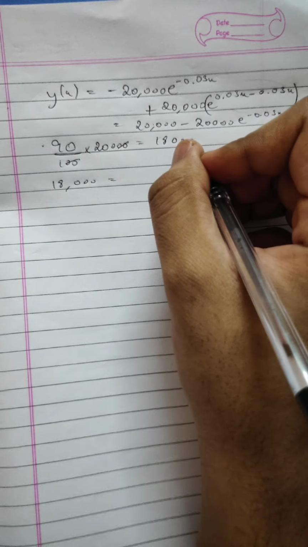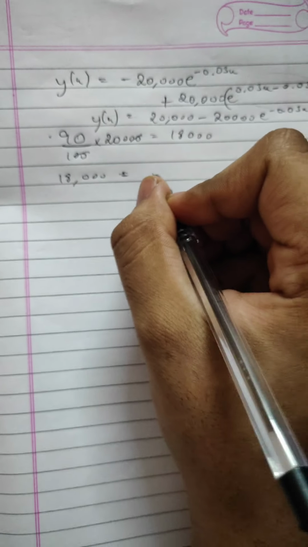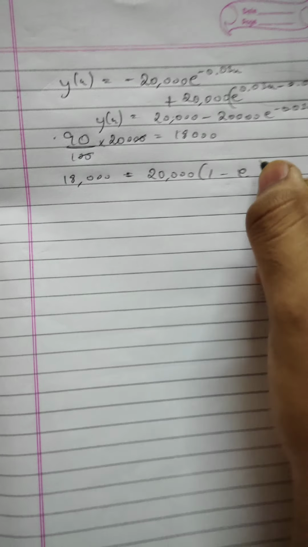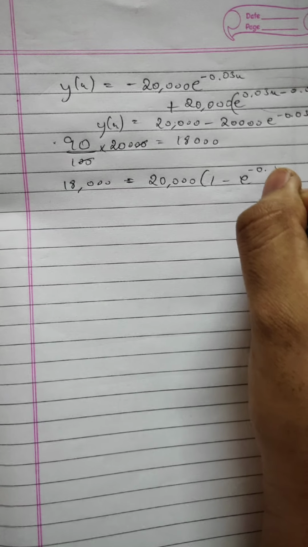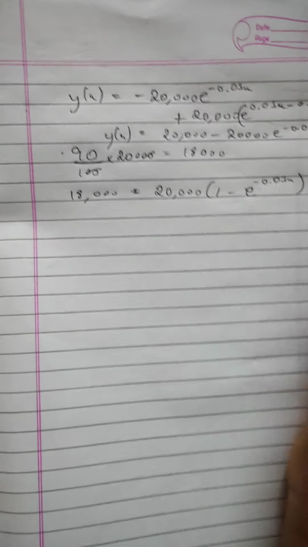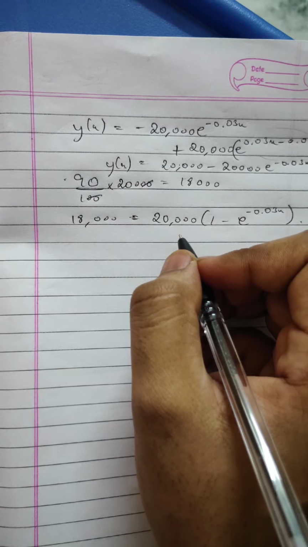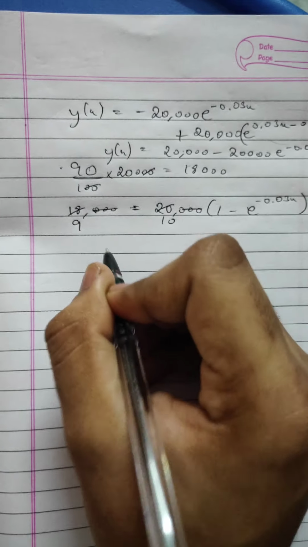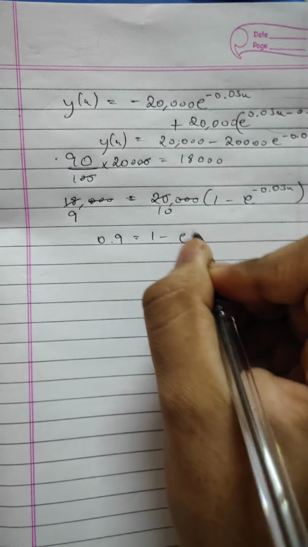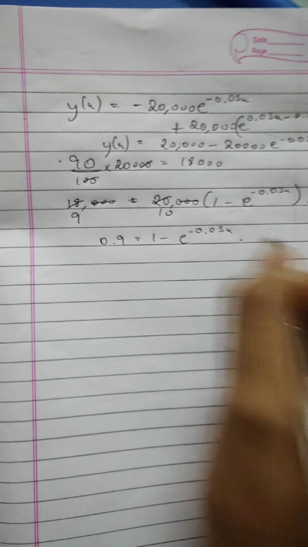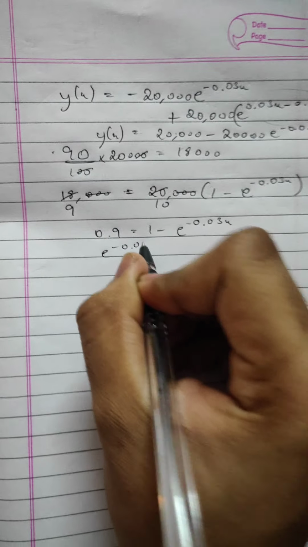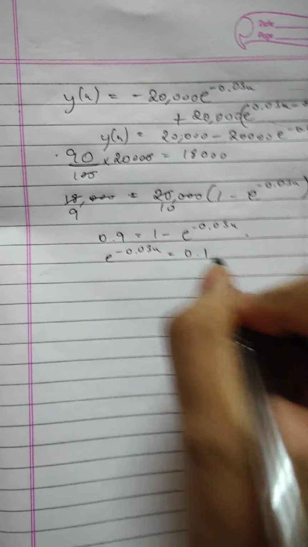Now if I put 18,000 over here, which is the y of x, so 18,000 equals 20,000, I'll take it common, 1 minus e power minus 0.03x. Now if I do this, 0.9 equals 1 minus e power minus 0.03x. Okay, now rearrange it, we get here 0.1.